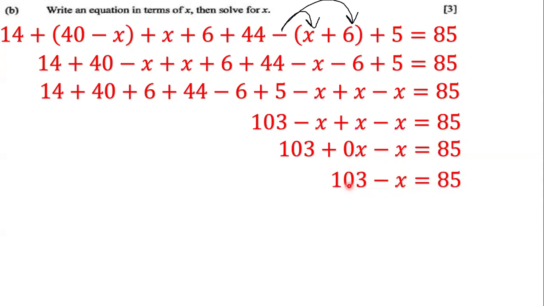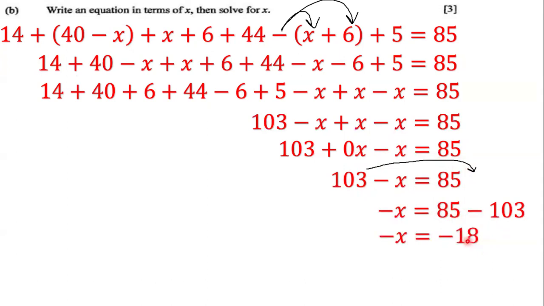We take 103 and send it over the equal sign. It was a positive 103, but when we send it over, it becomes a negative 103. So we have that negative X is equal to 85 minus 103. 85 minus 103 is equal to negative 18. And so we have negative X is equal to negative 18. We divide both sides of this equation by negative 1.